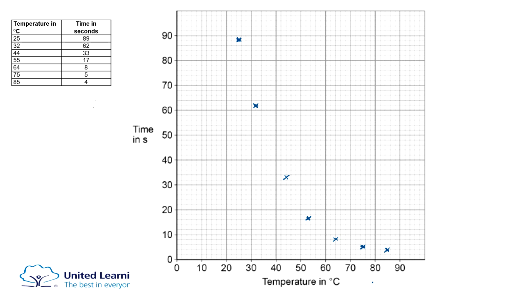So, for example, at 25 degrees, it took 89 seconds for the reaction to finish. At 55 degrees, the time had decreased to 17, and at 85 degrees, the time had decreased to just 4 seconds. So in summary, as temperature increases, the time taken decreases, and therefore the rate of the reaction increases.